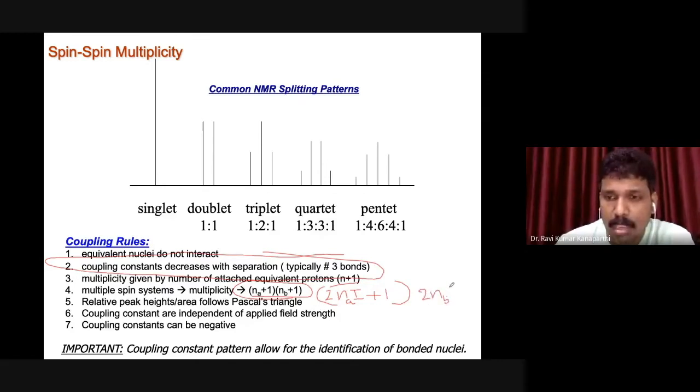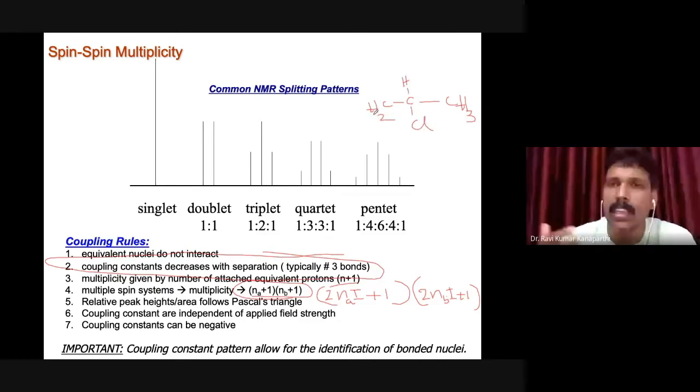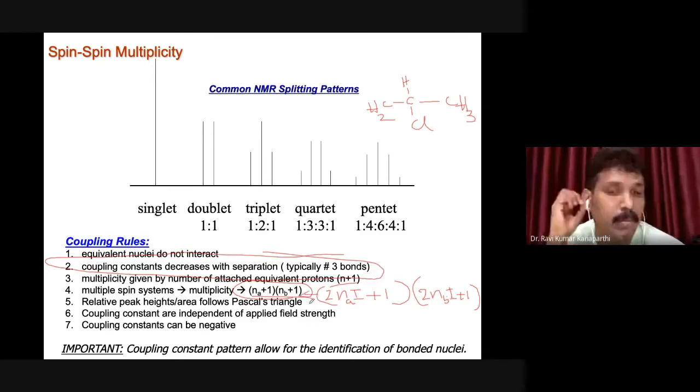You can just imagine this situation: this side it is having 2 nuclei, and the other side it is having 3 nuclei. Since protons are spin one-half nuclei, we can easily simplify it, get this equation, and accordingly the multiplicity can be calculated.